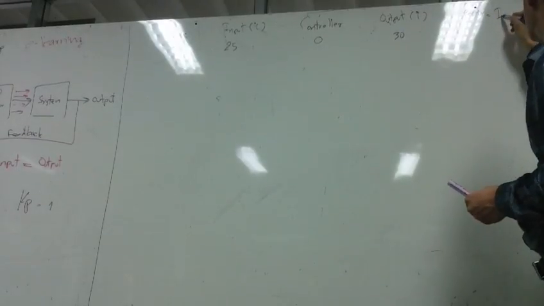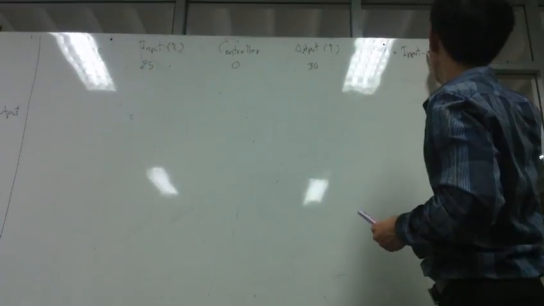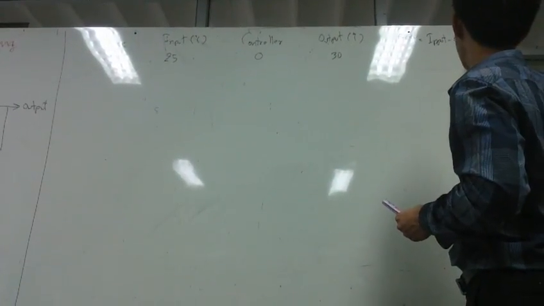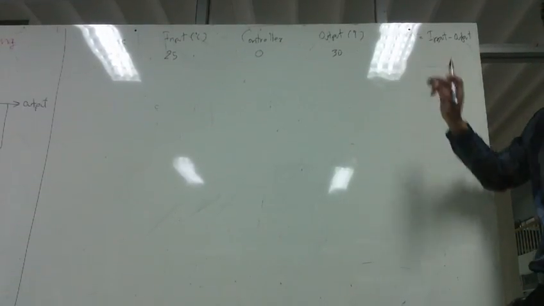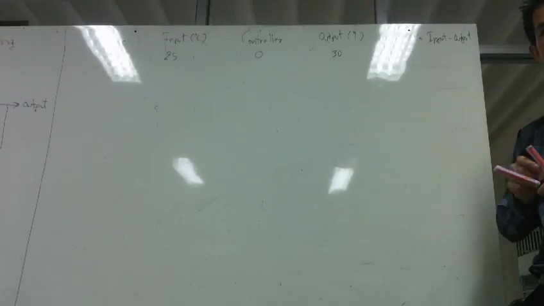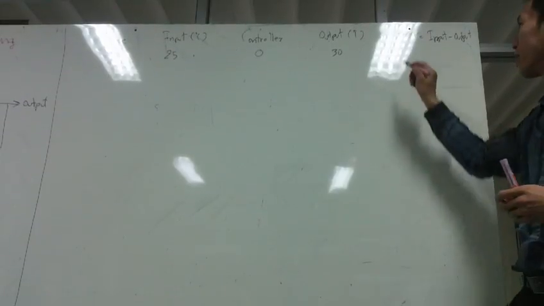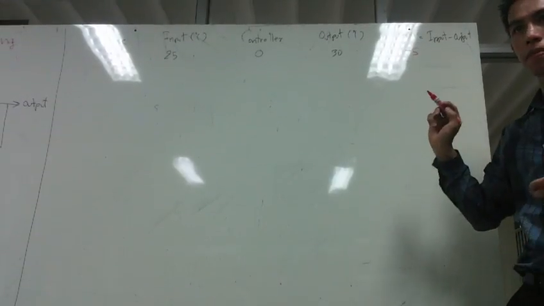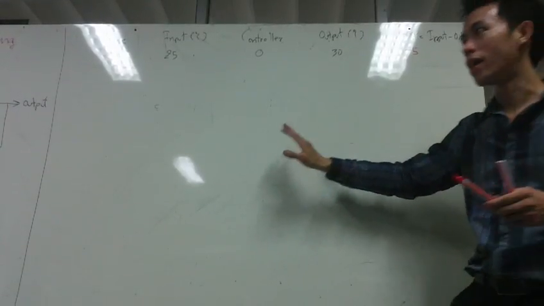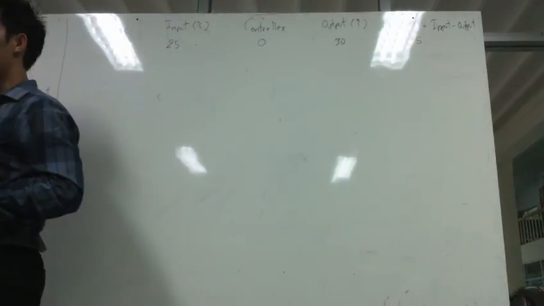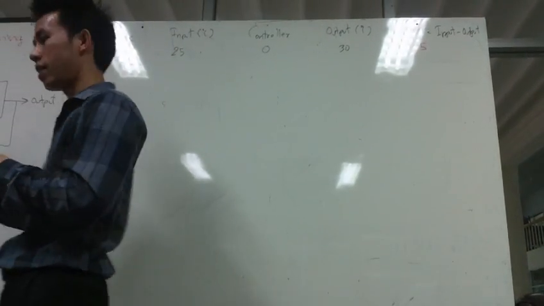The error is input minus output. So what's the error? 5 or negative 5? Negative 5 Celsius. And it's going to do the same thing again. Now the controller knows input and output are not the same.